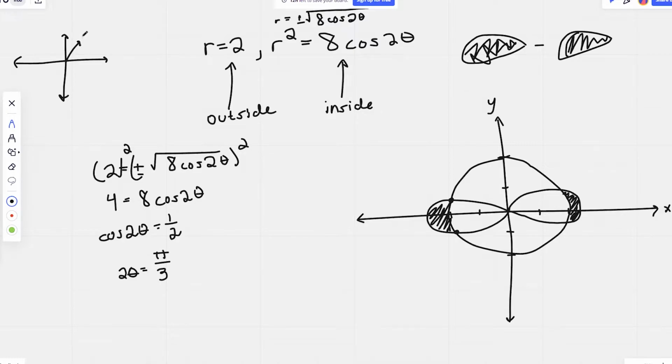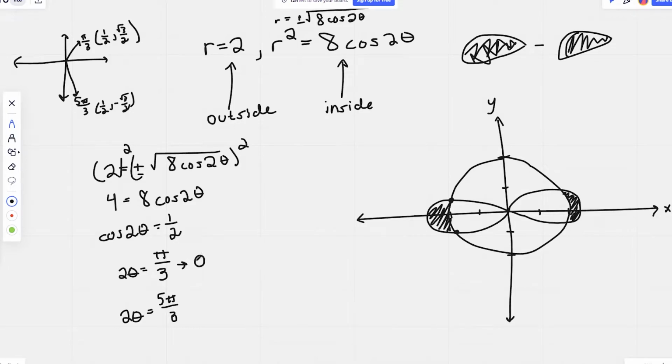At pi over 3, the coordinate on the unit circle is 1/2, square root 3 over 2. And if we're looking at positive x, then 5 pi over 3 is going to be the other one, where the point is 1/2, negative square root 3 over 2, because we're in quadrant 4, where y is negative. So it's 2 theta equals 5 pi over 3.